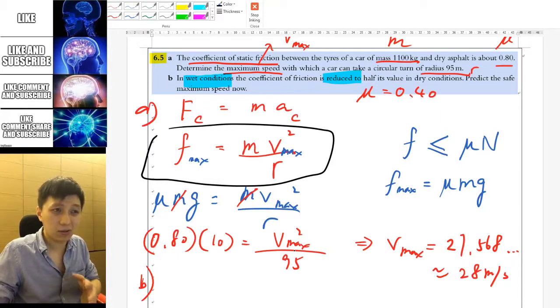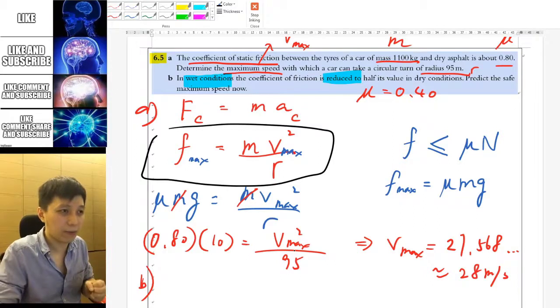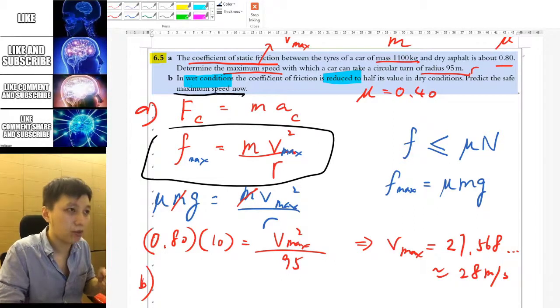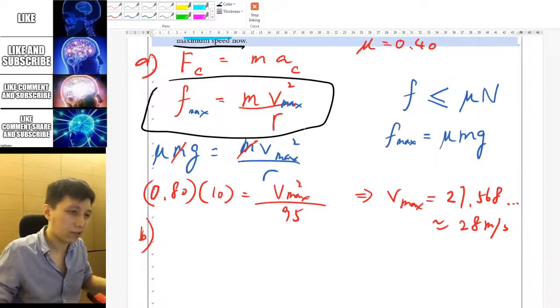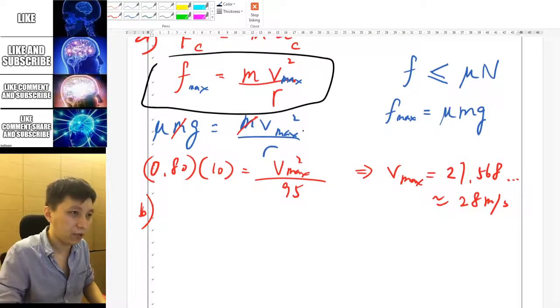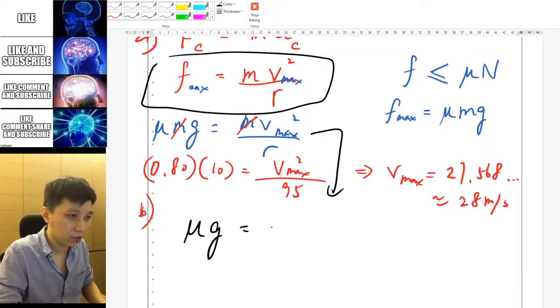However, this is not the same question as in part B. Part B is asking you the new maximum speed. So it's actually quite simple. You can use what we have earlier, so I'm not going to repeat over again. You can just write mu g equals v max, the new v of course, squared over r.